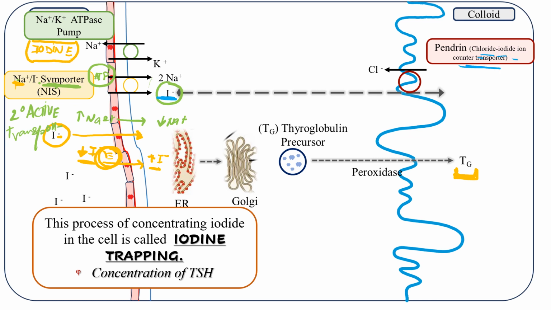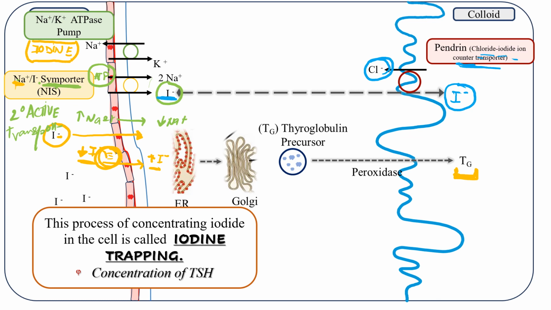What does that mean? That means that it will pump the iodide ion into the luminal space of the thyroid follicle and will take one ion of chloride from the luminal space outside. So it is a chloride iodide ion counter transporter.